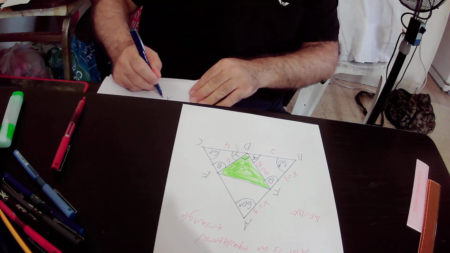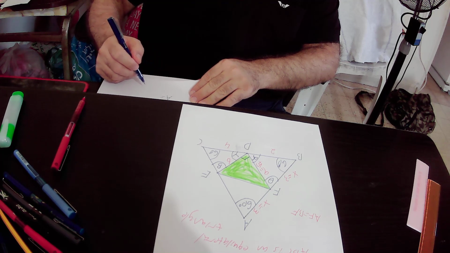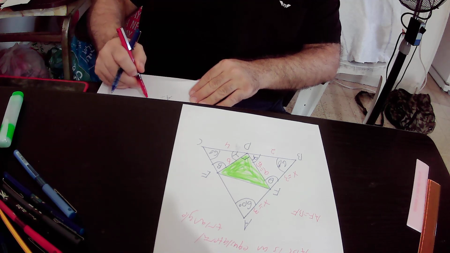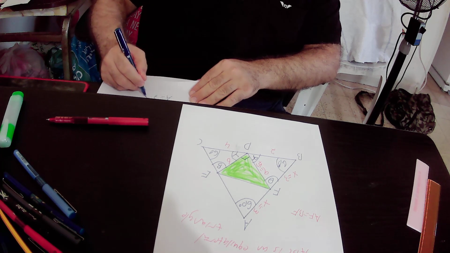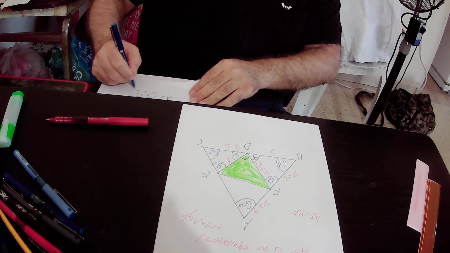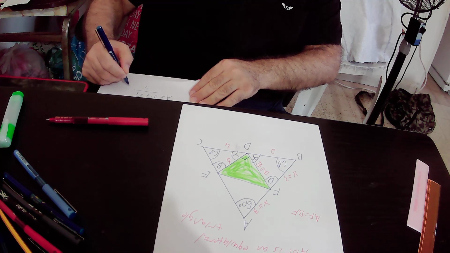So the area of the triangle equals 2 times 7 times root of 3 over 5 square units.